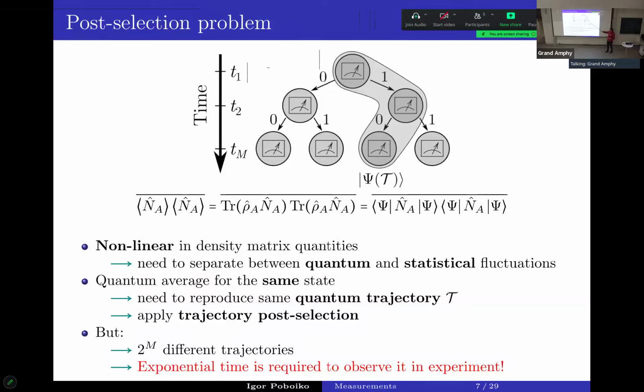And there are exponentially many such trajectories, namely 2 to the m, where m is the number of my measurements. Each trajectory is random, so in order to reproduce the same trajectory, I need to rerun my experiment exponentially many times. And this is the post-selection problem, which makes this thing hard to observe in a real experiment, in real hardware.